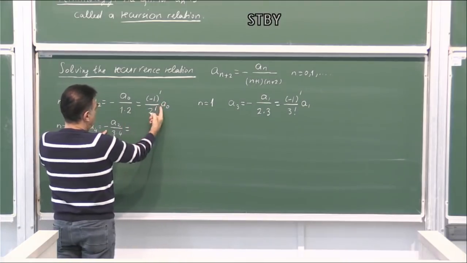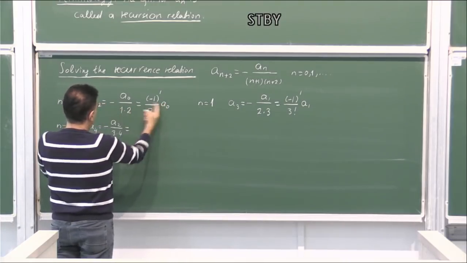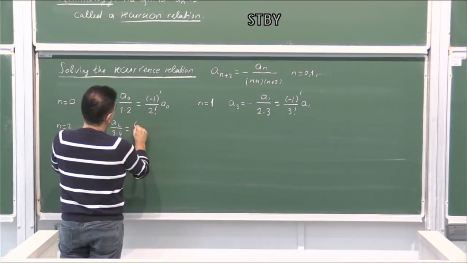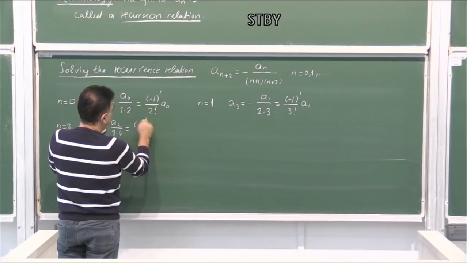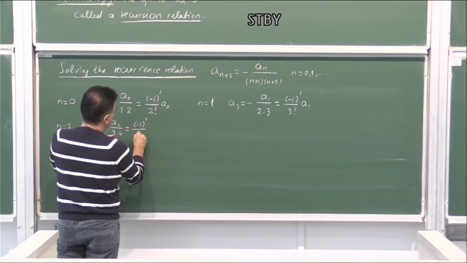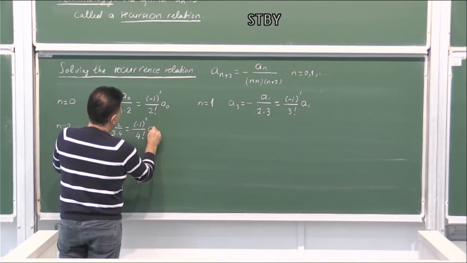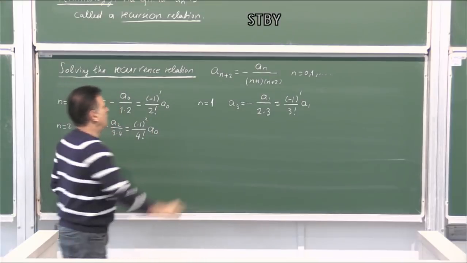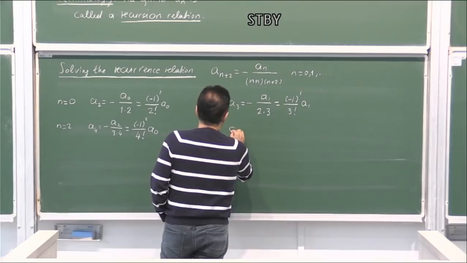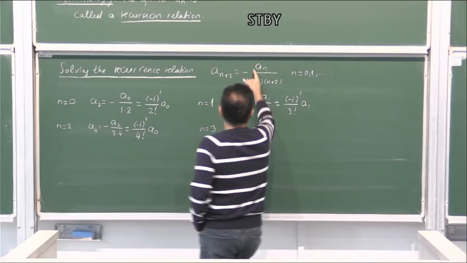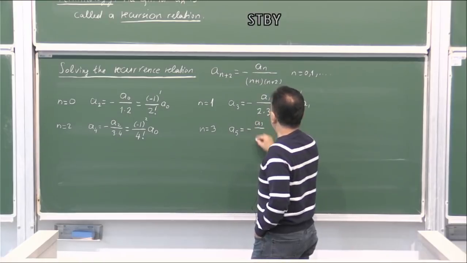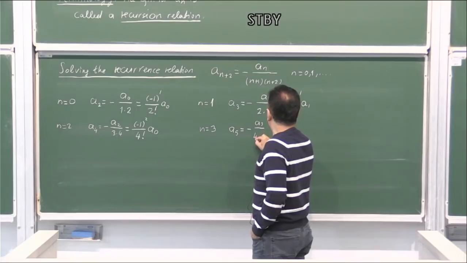So multiplying a2 by minus 1 and dividing by 3 times 4, we get minus 1 squared over 2 factorial times 3 times 4, which gives 4 factorial, a0. As for n equal to 3, we have a5 from this equation, which is minus a3 over 4 times 5.